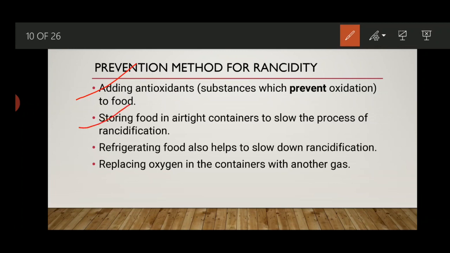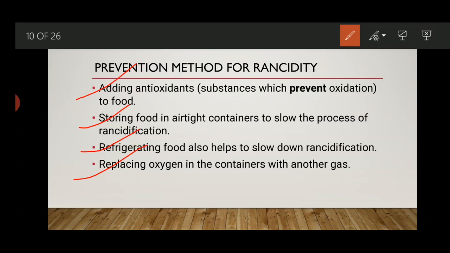Now, storing food in an airtight container to slow down the process of rancidification. We may also have to refrigerate the food to slow down the rancidity process, and replace oxygen in the container with another gas like nitrogen.